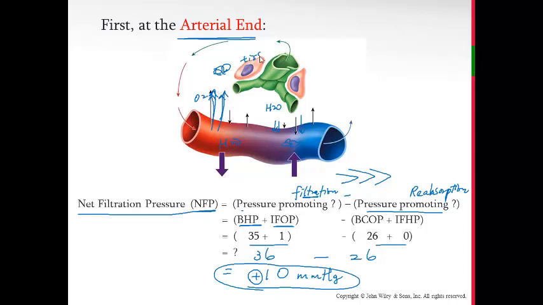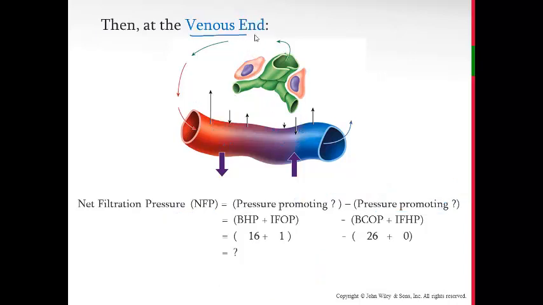And we want the nutrients to go towards your tissue. Of course, there is reabsorption going on, but not as strong as filtration. Most of the pressure pushes fluids to your tissue site. Everyone okay? Now we're going to take a look at the venous end.